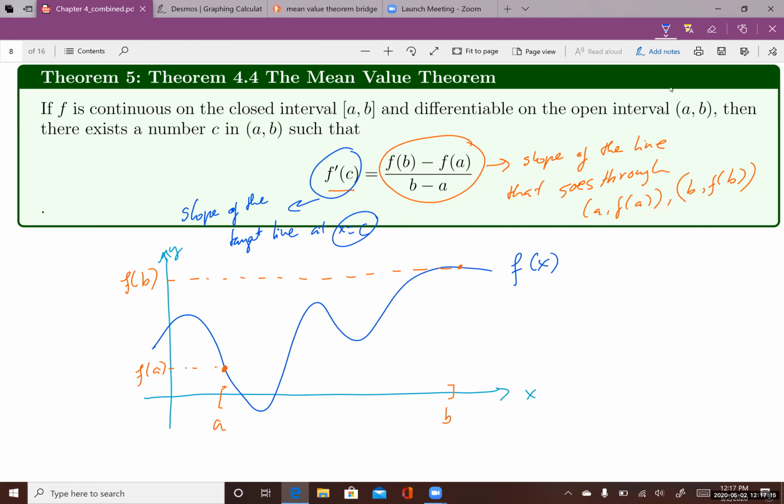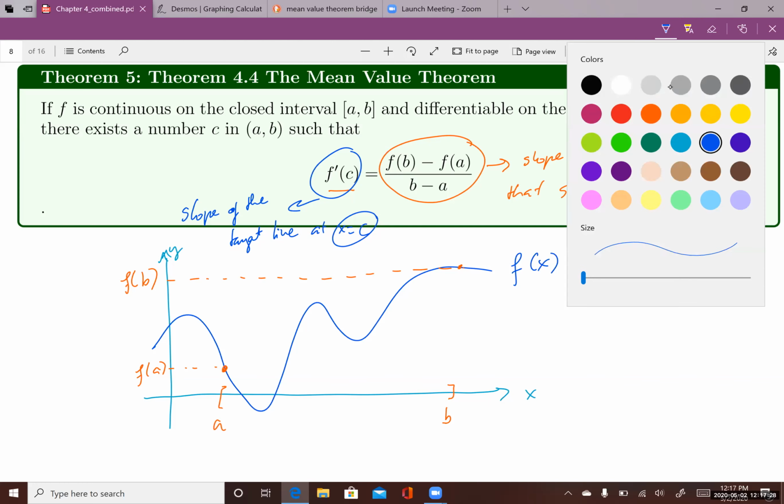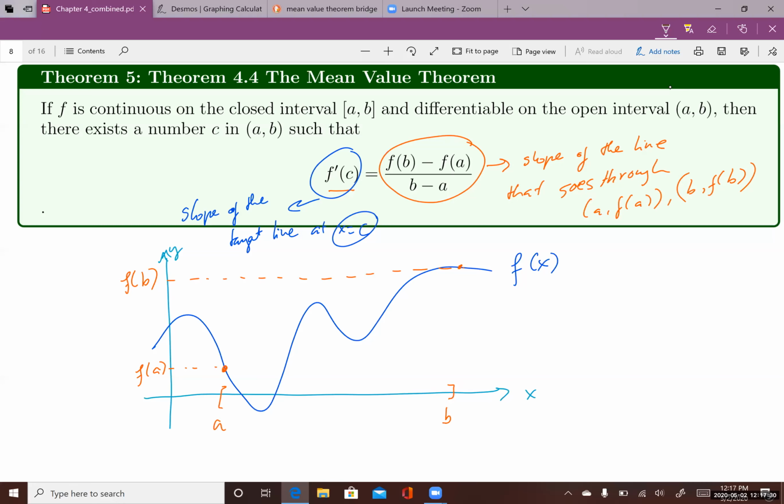Okay, they both represent slopes of some lines. So we look at the right side. We know that the right side of the equation is the slope of the line that goes through these 2 points. So we just need to draw a line that goes through these 2 points here, this line right here. All right.